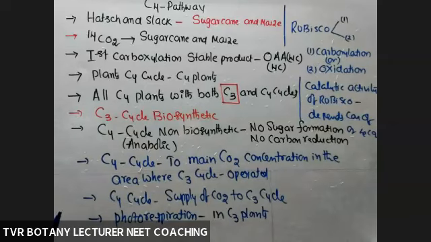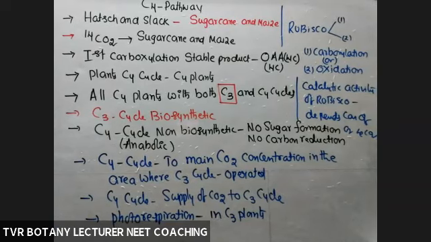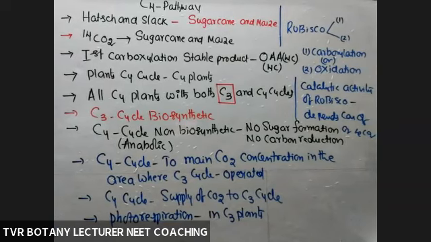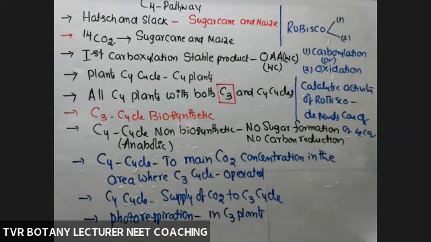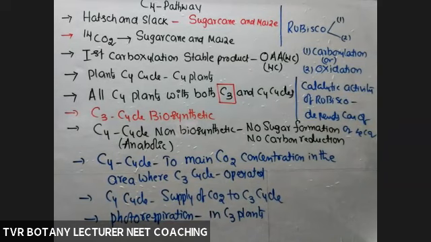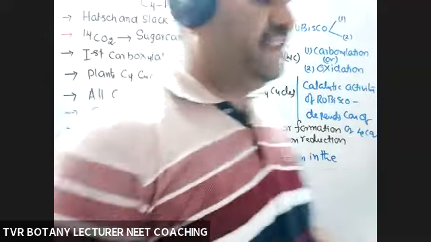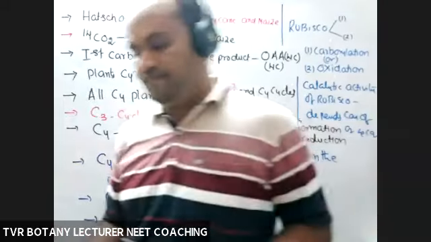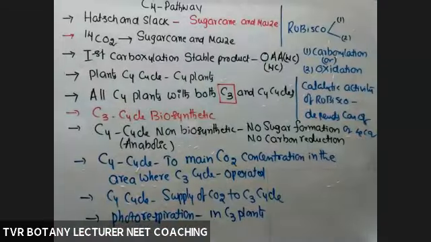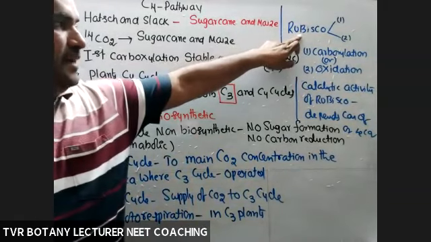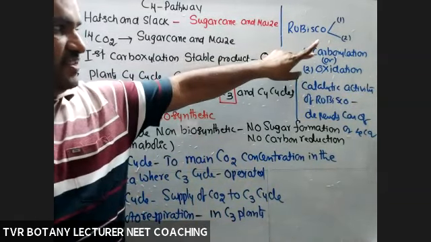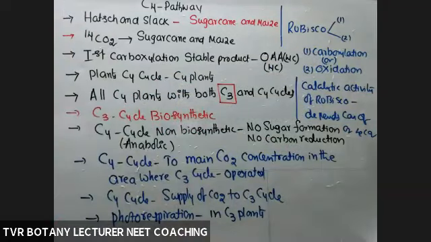What is photorespiration? Simply oxidation of carbon into CO2 in the presence of light. So light induced evolution of CO2 and uptake of oxygen by the chloroplast in C3 plants. The reason is Rubisco is able to perform two reactions, either carboxylation or oxidation, bifunctional.